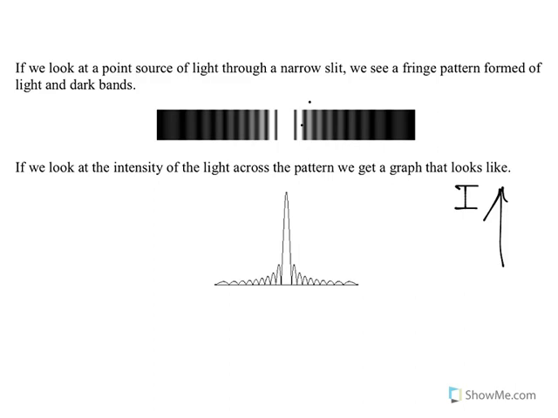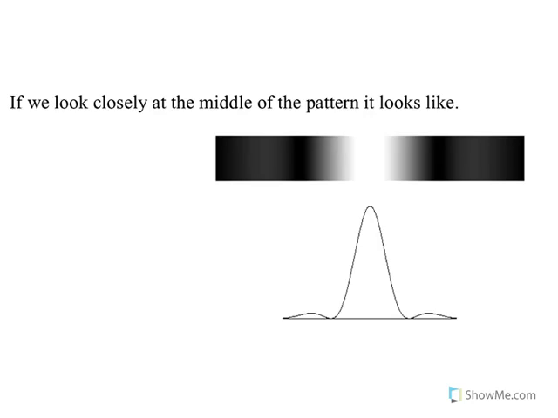Now if we look closely at the middle, it looks like this. Quite bright in the middle, and then as you head out, the intensity goes down to that minimum, and then comes up again a little bit here, but nowhere near as bright. So these are the light and dark fringes that we've got here.